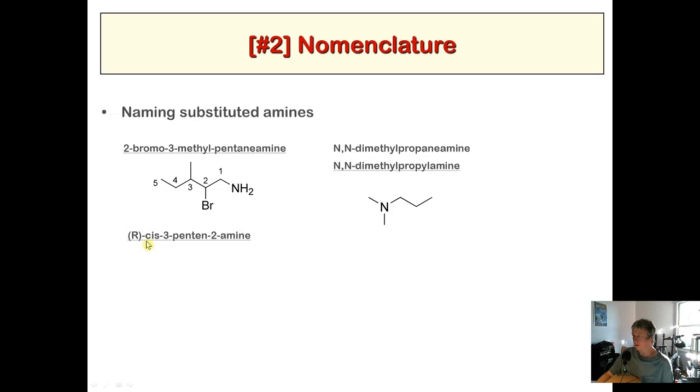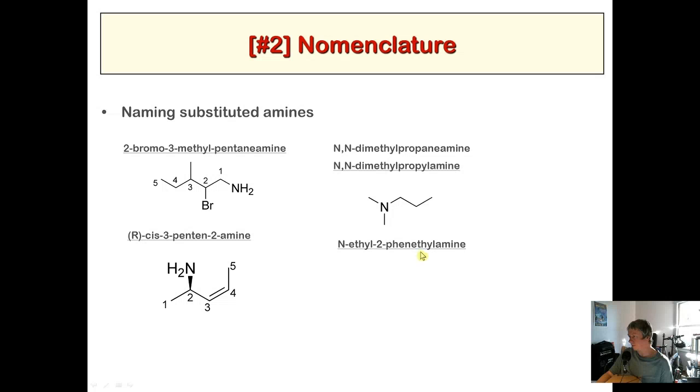Then cis would refer to the cis stereochemistry on the alkene, and R would refer to the stereochemistry on the 2-position amine. So this would be the molecule, and this is cis, and yep, there we go. 1, 2, 3, 4, 5, and this looks R to me.